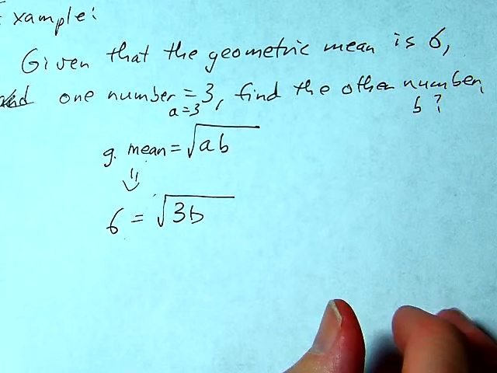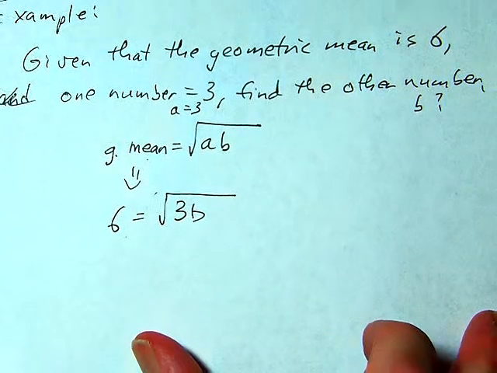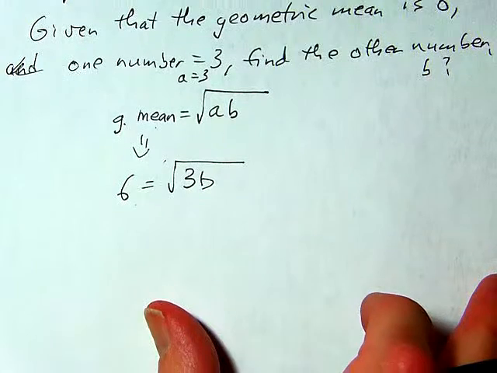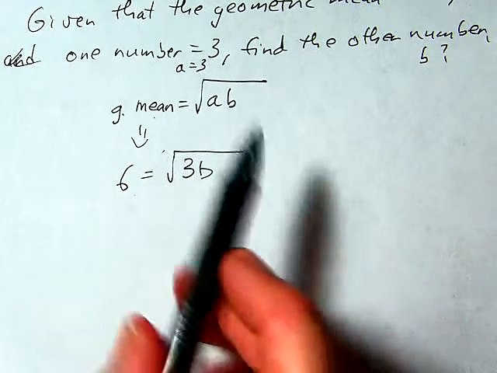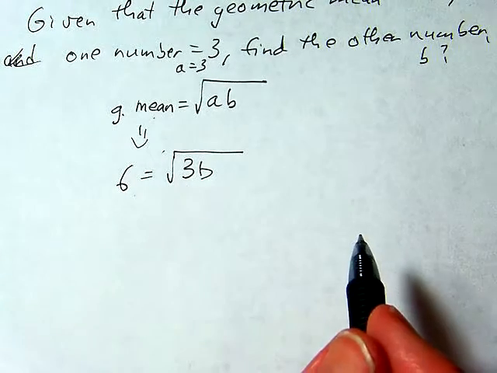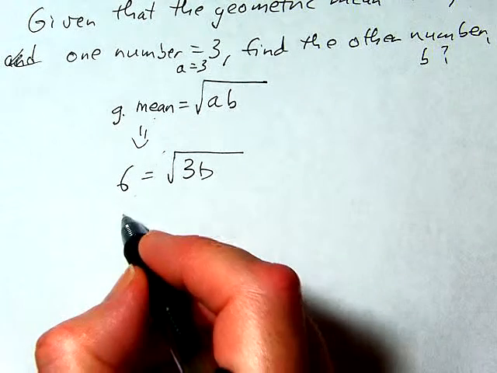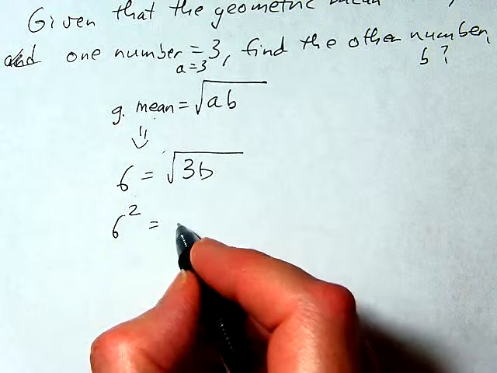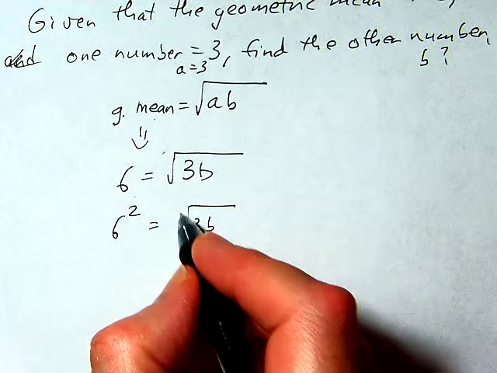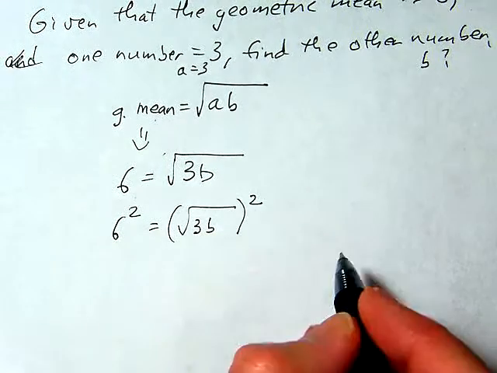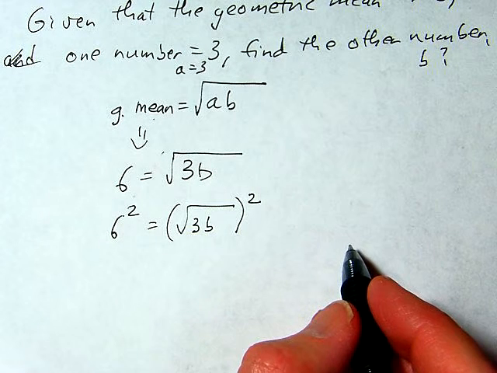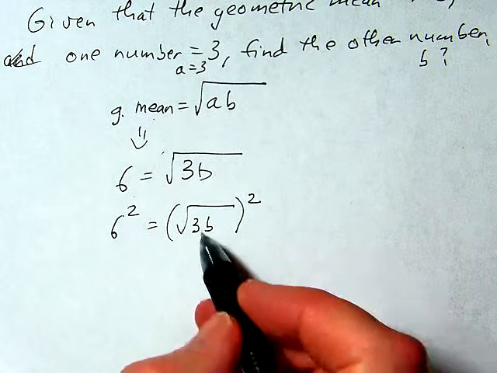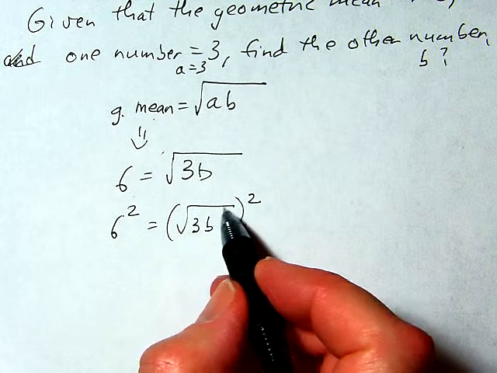So then, how do we solve an equation like this? Well, the first thing to do is to square both sides, because you really always want to try to get rid of the radical sign. So let's go ahead and square both sides. That gives us 6 squared equals the square root of 3b, squared. And I hope you remember from class that when you square a square root, you remove the square root sign.